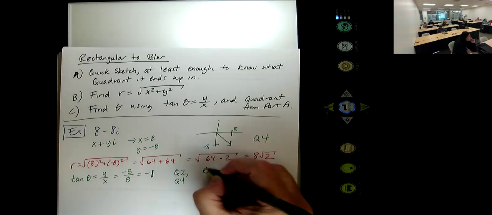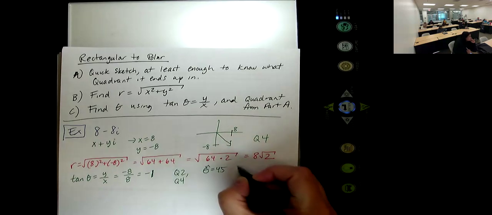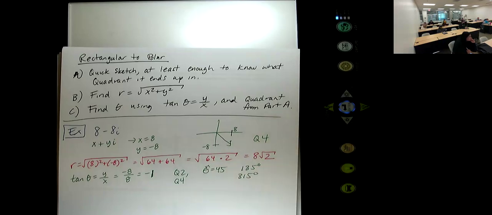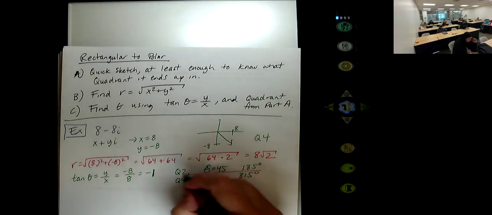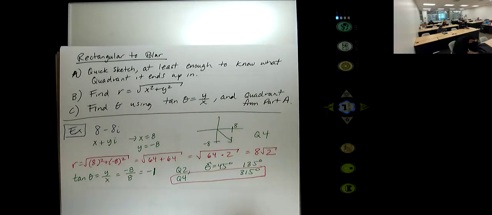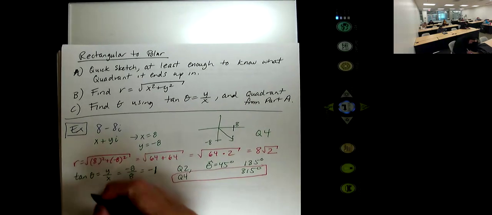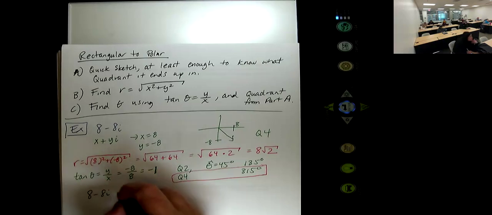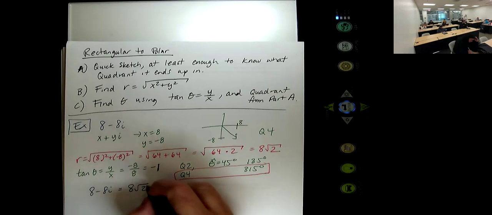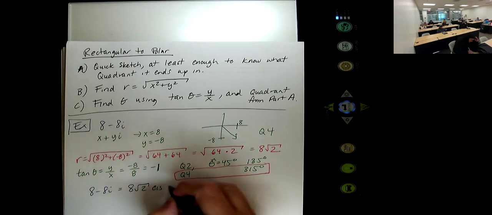It's got a reference angle of 45, so that would be 135 and 315. We're in quadrant 4, so we want that one. So 8 minus 8i is the same thing as 8√2 cis 315.